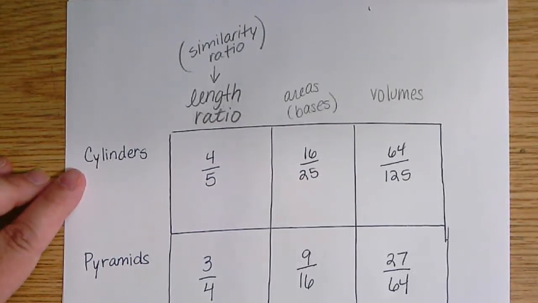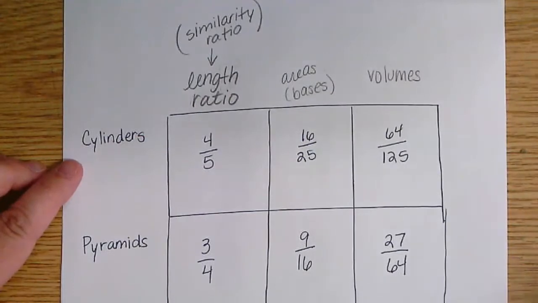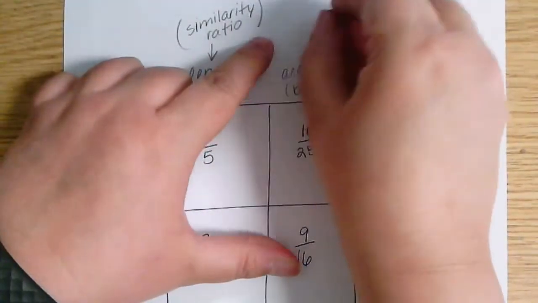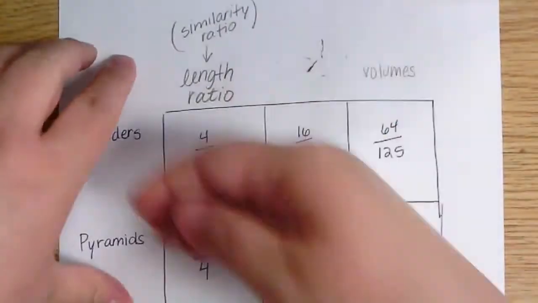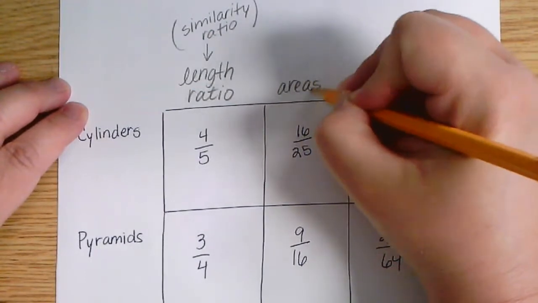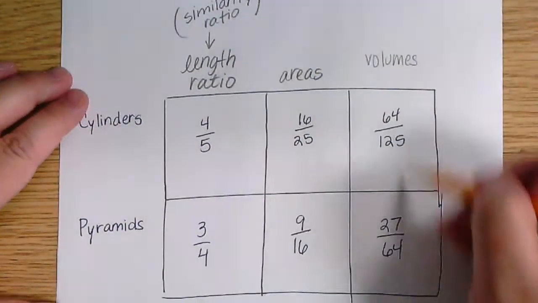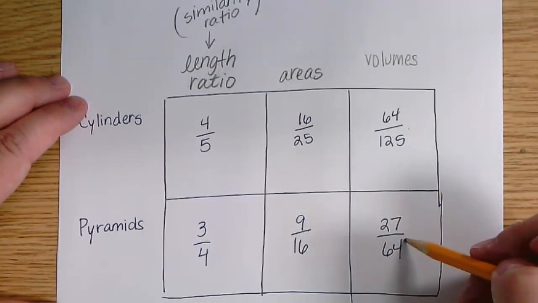Okay? Next, areas. In this case, we've run the areas of the bases. But let's make this a little more generic and just say these are representative of ratios of areas in both cases. True? True. And finally, our last column, that was representative of the ratios of volumes in both cases. So what do we see here?